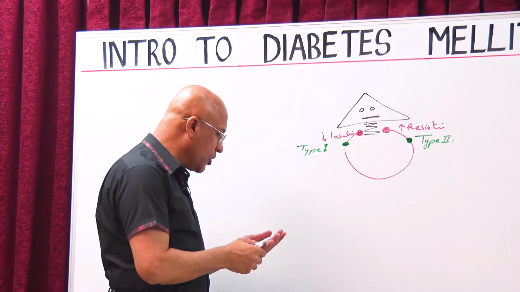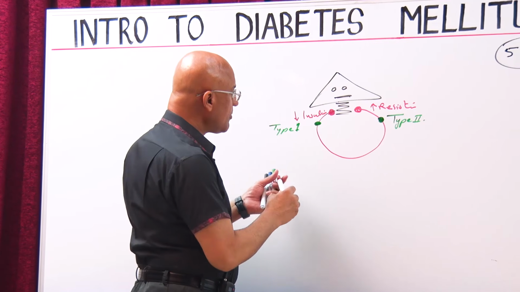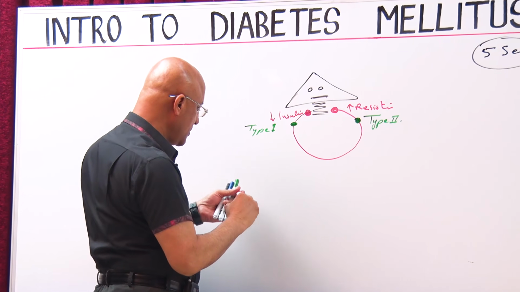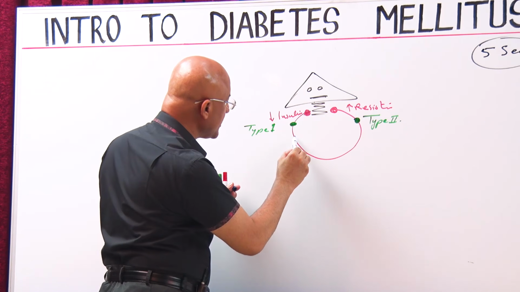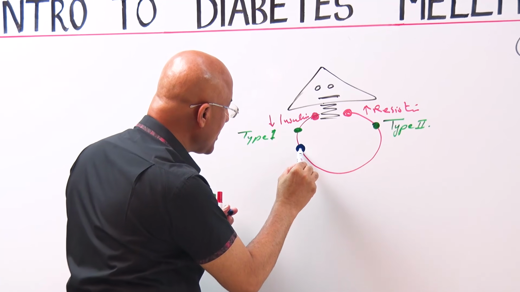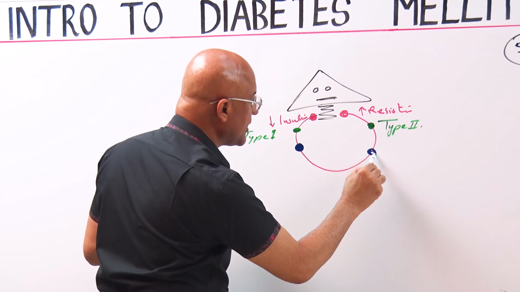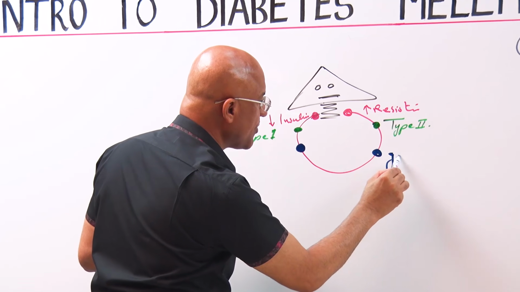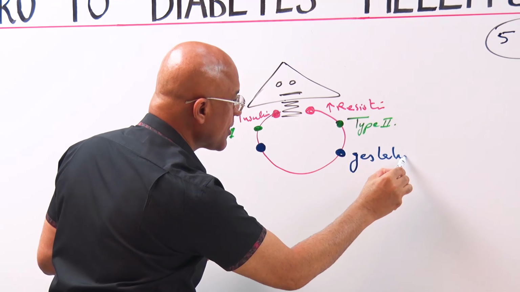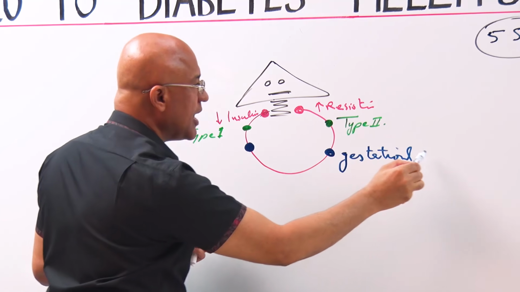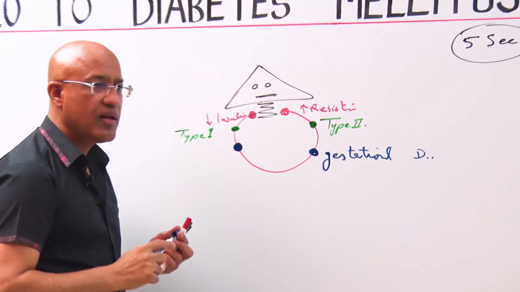Then there are more diseases besides type 1 and type 2. After that, I can say, okay, someone said gestational diabetes. Okay, we put here gestational diabetes mellitus. What is this?